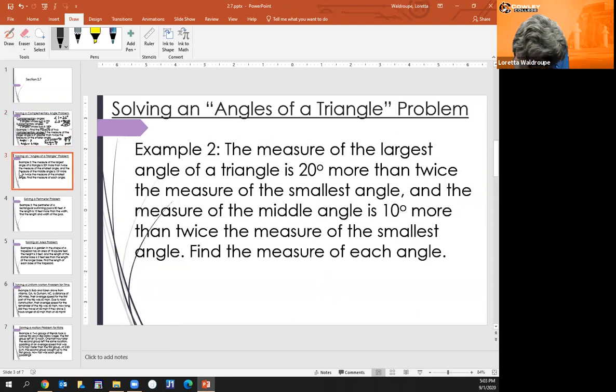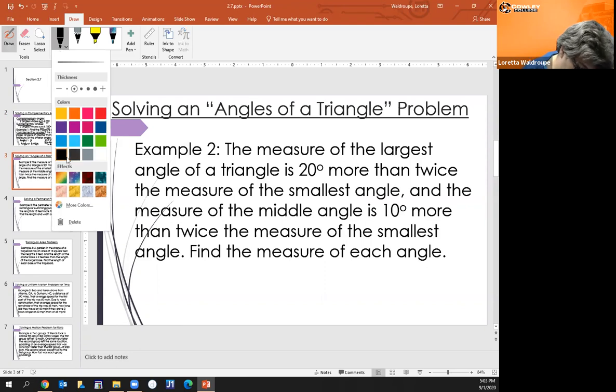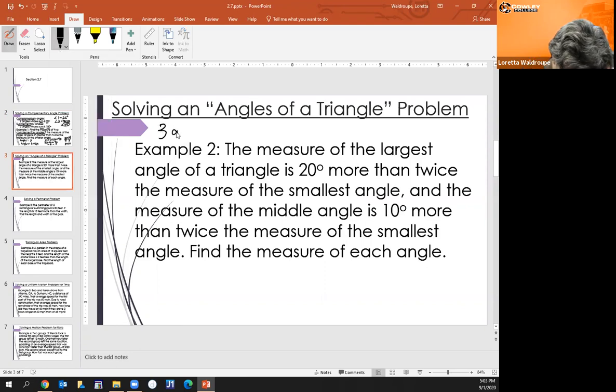The angles of a triangle. The formula you have to remember here is the sum of the angles of a triangle equals 180. That's their sum.